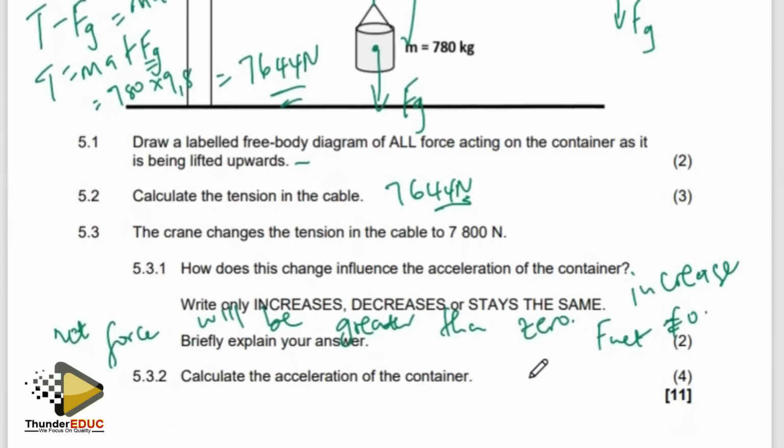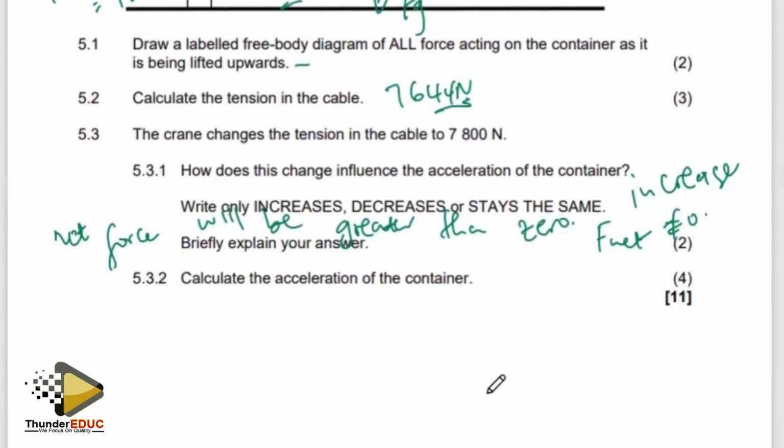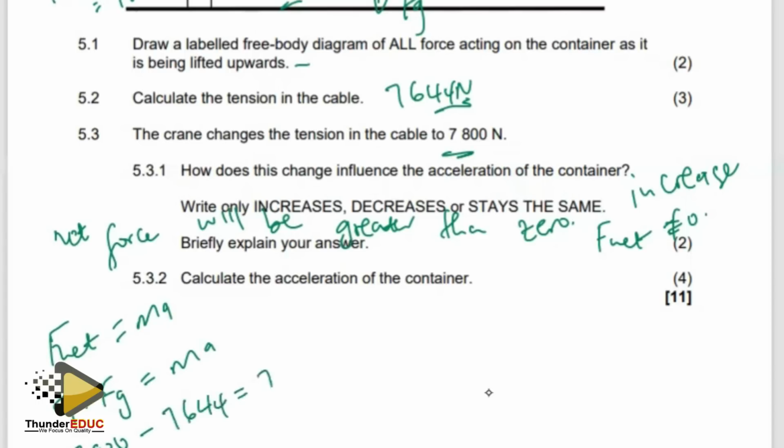Then 5.3.2, they want us to calculate the acceleration after the increase. So we can apply that and say that F net is equal to MA. You say the tension minus the FG, we get the MA. So the tension is 7.8. That FG still remains the same, which is 7644. The mass is 780. This 7644, we got it from the first part, which was 5.2.